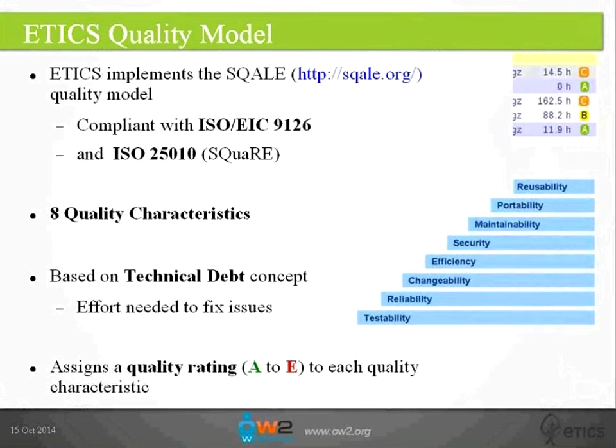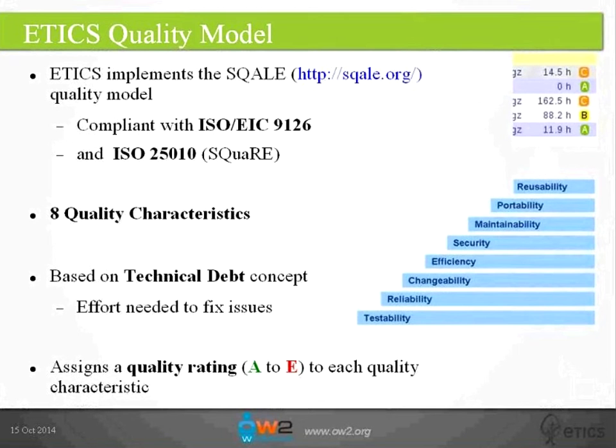So at the end, for each characteristic, we have a technical debt that says which is the effort needed to be compliant with all requirements stated in the model.